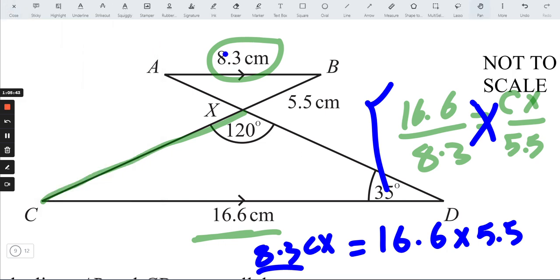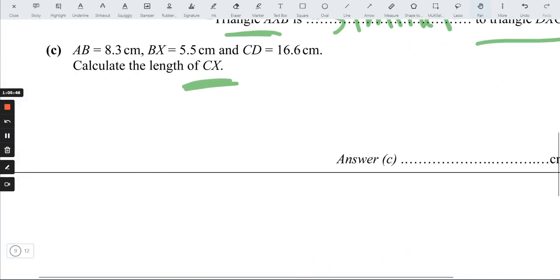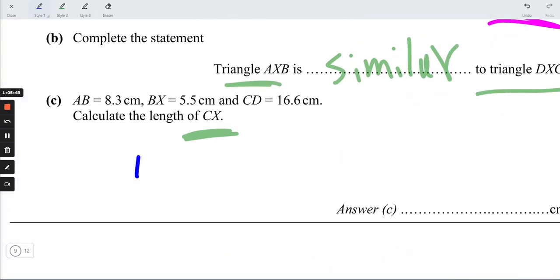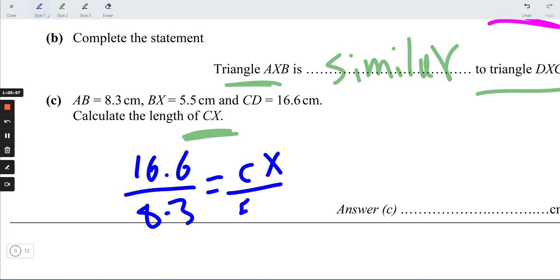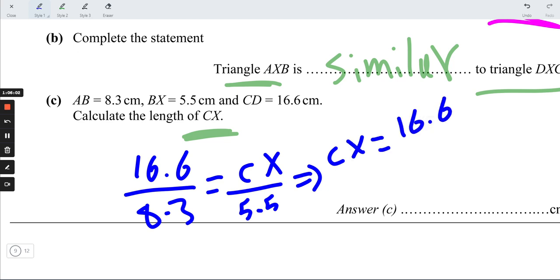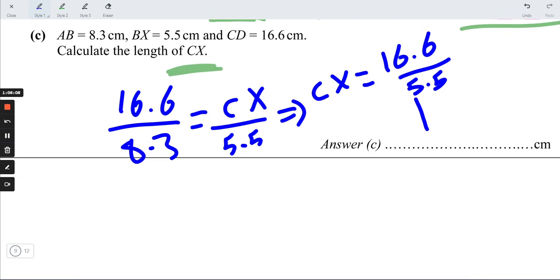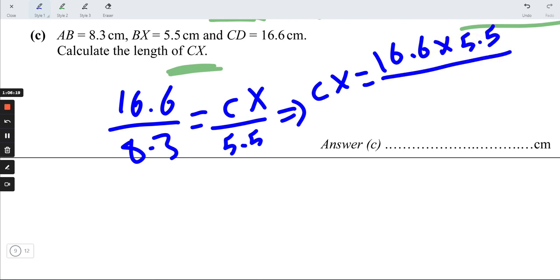So here down you should write 16.6 over 8.3 equals CX divided by 5.5. CX equals 16.6 times 5.5 divided by 8.3, you will get 11.